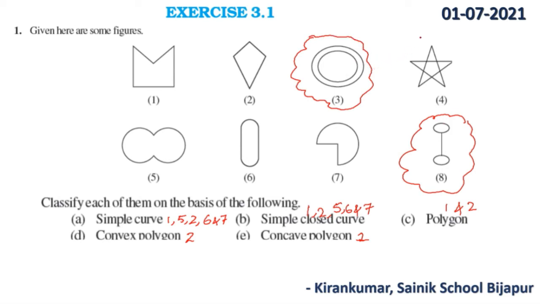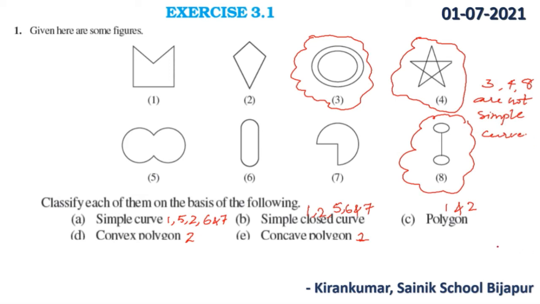The figure 4 is also complex. You cannot start from one particular point and end at the same point without lifting the hand. Such types of figures are not simple. These 3, 4 and 8 are not simple curves or simple closed figures.